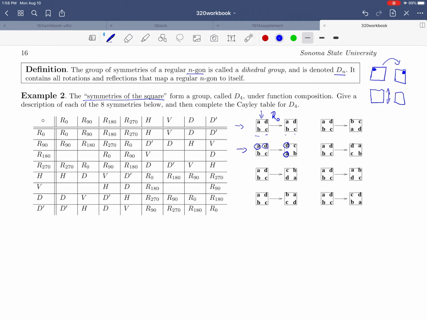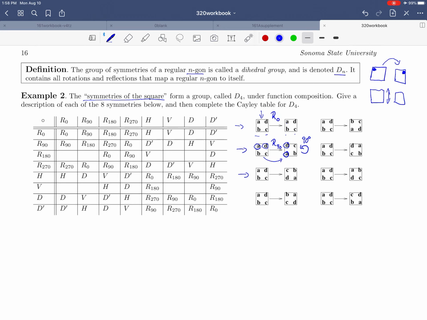What would I have to do? I could accomplish this by a rotation by 90 degrees counterclockwise. So if I rotate counterclockwise by 90 degrees, I go from my first square to my second square right there. And that's denoted by R sub 90.